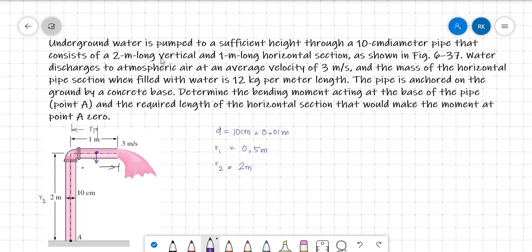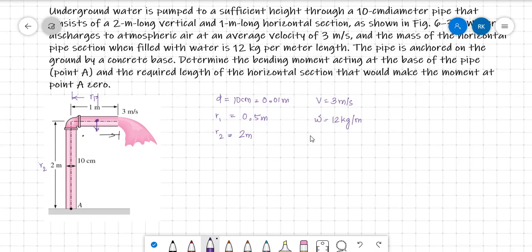Water discharges to atmospheric air at the velocity. The velocity is equal to 3 meter per second, and the mass of horizontal pipe is 12 kg per meter length. W is equal to 12 kg per meter. The pipe is anchored on the ground, determine the bending moment. So this is the given data, and consider that rho of water is 1000 kg per meter cube.